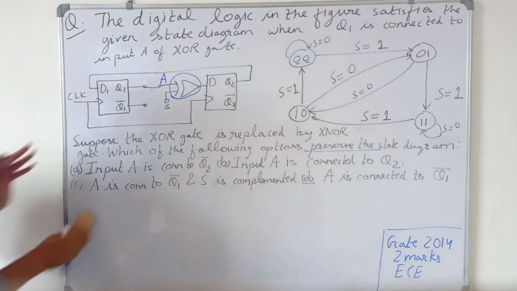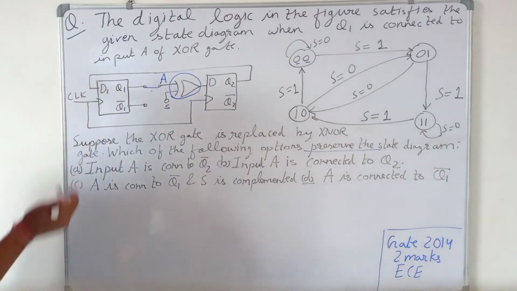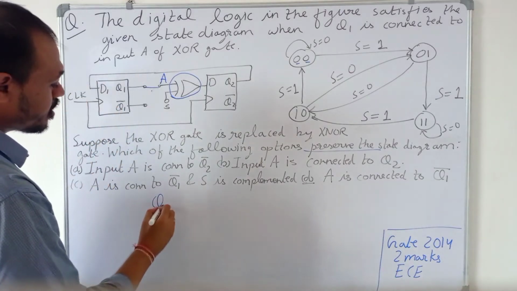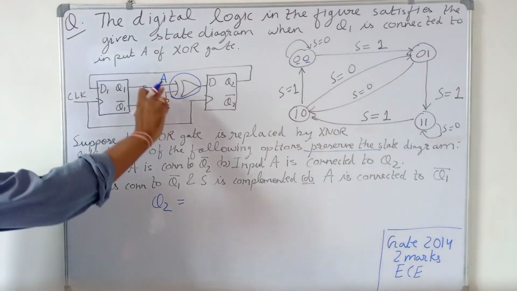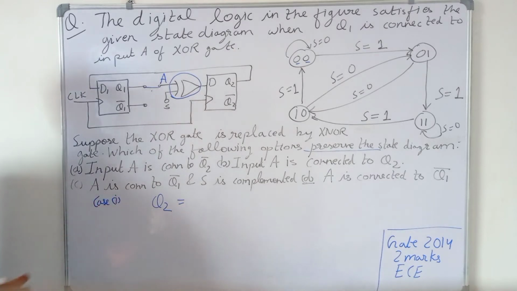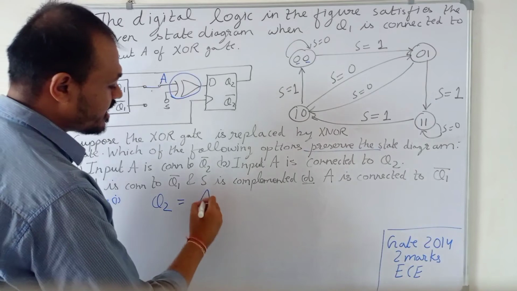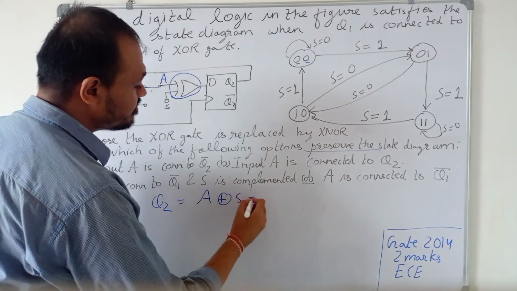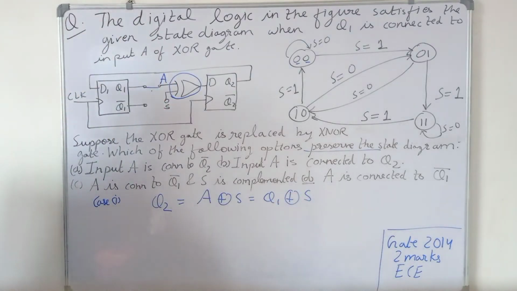Now if we want to see the equations for this circuit, we can write Q2 when this is an XOR gate. I am considering the first case, when this is an XOR gate. Then Q2 equals A XOR S, which is equal to Q1 XOR S. This is the first case.